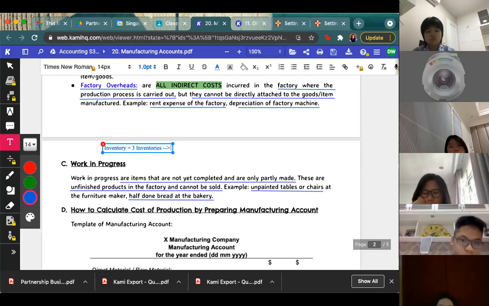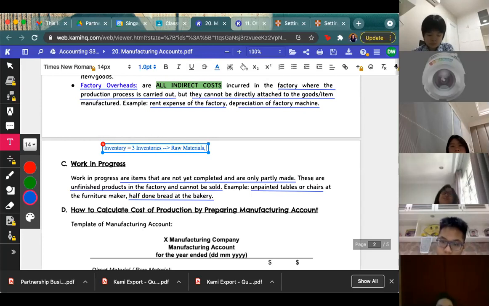The first inventory is raw material. The inventory that is not yet been produced or still raw materials, still raw. It cannot be sold to the customer. You need to make a process.